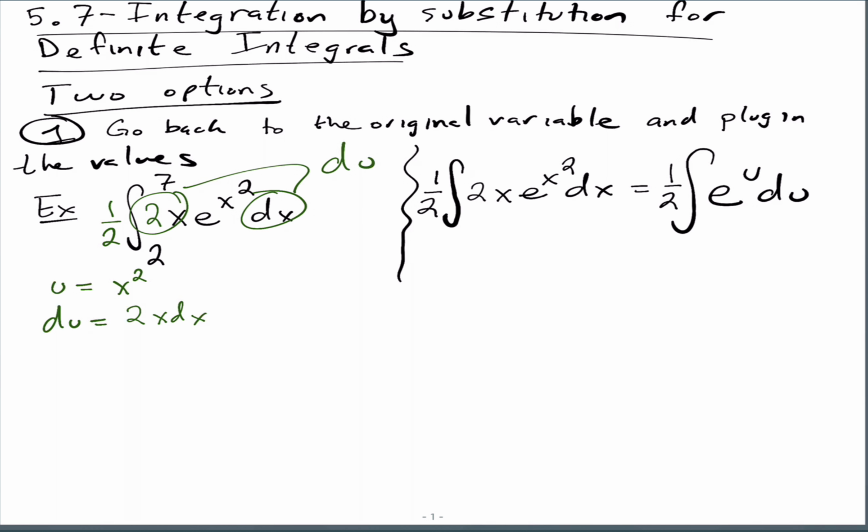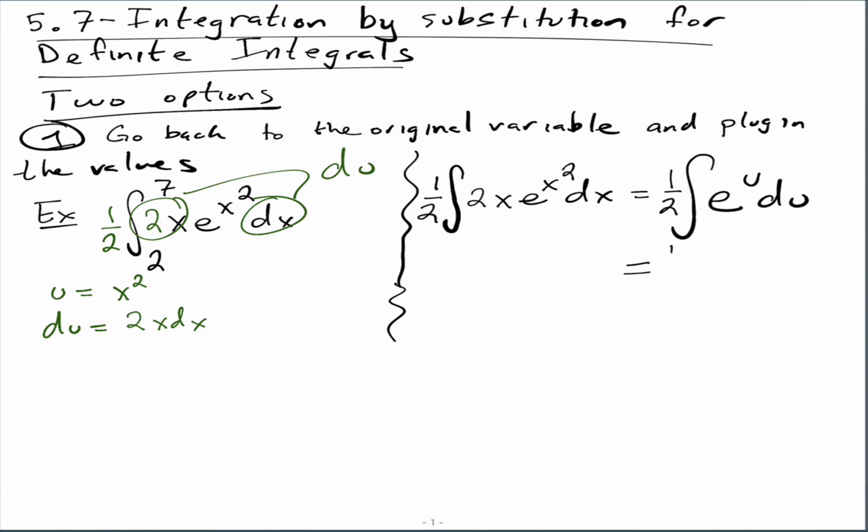So I end up with 1/2 the integral of e to the u du, which is then equal to what? 1/2 times e to the u, yep, plus c, which is then equal to 1/2 times e to the x squared plus c, right? Okay.